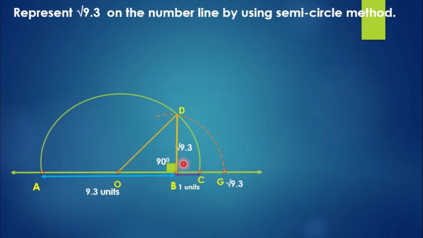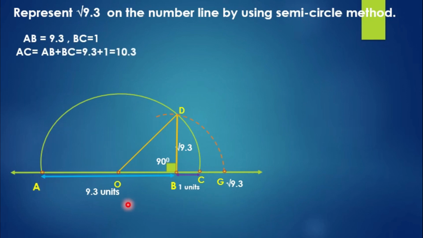How is BD square root of 9.3? I will tell you. AB is equal to 9.3. BC is equal to 1. AC is equal to AB plus BC, is equal to 9.3 plus 1, is equal to 10.3. AO is equal to OC is equal to 10.3 by 2.